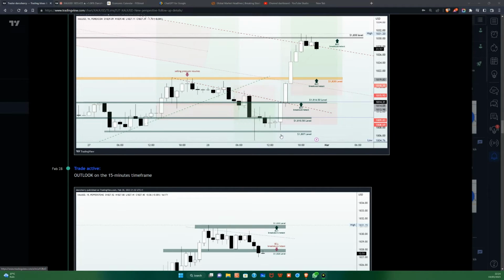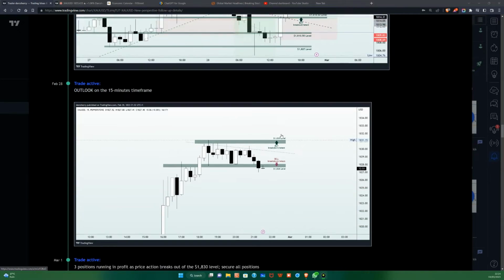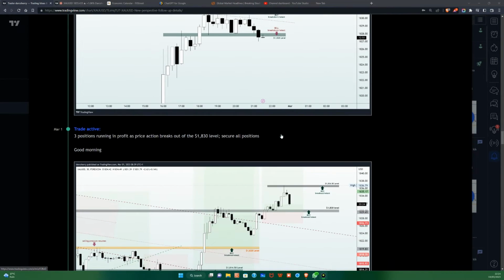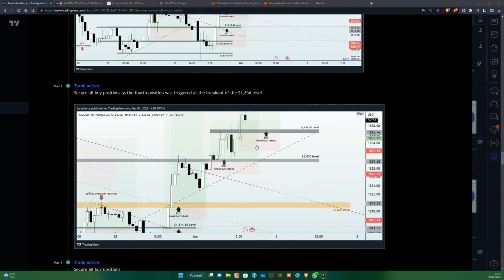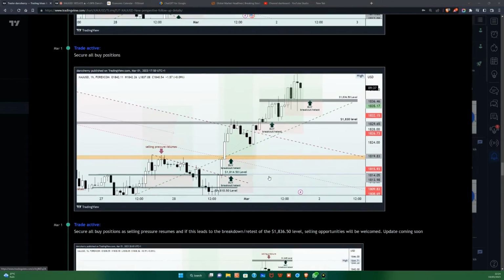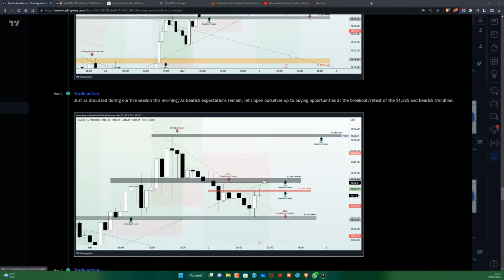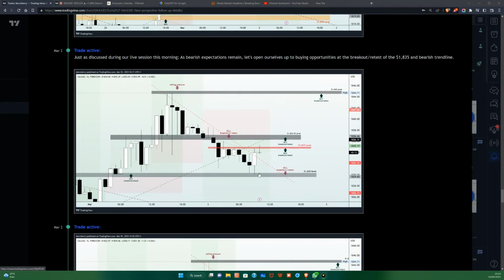Then the second key moment for a buy opportunity came in on the 3rd of March, which appeared to be the first bullish momentum for the new month. And look at what we had here on the 3rd of March. We saw another opportunity to buy as price action was caught within the channel between the 1,835 and the 1,830 level.